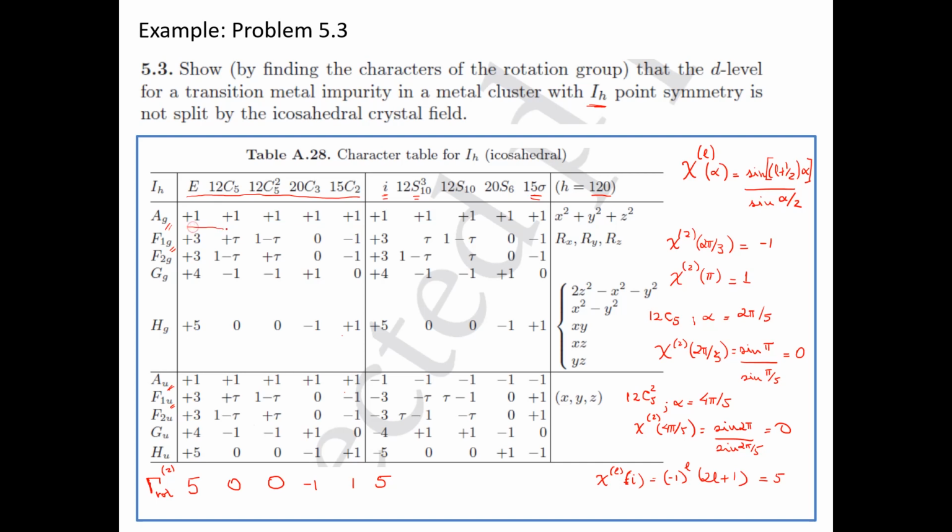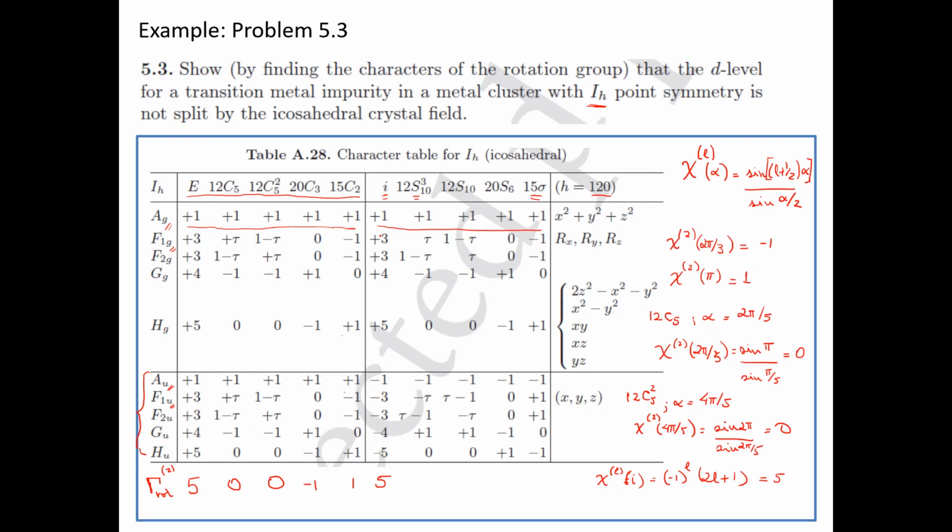You take the characters for the rotations, and you use the same characters here for the operations that you combine with inversion. But for the odd representations, you multiply them by -1 when you combine with inversion.